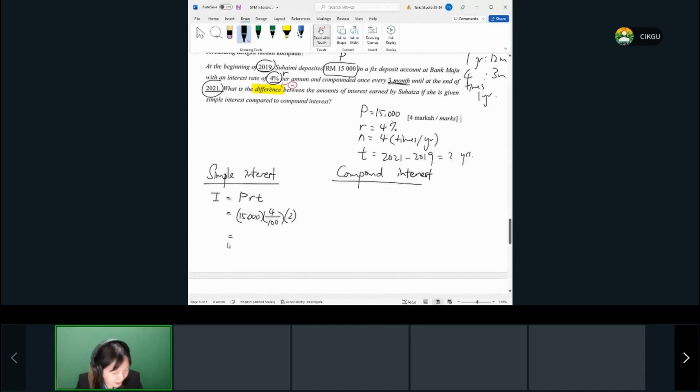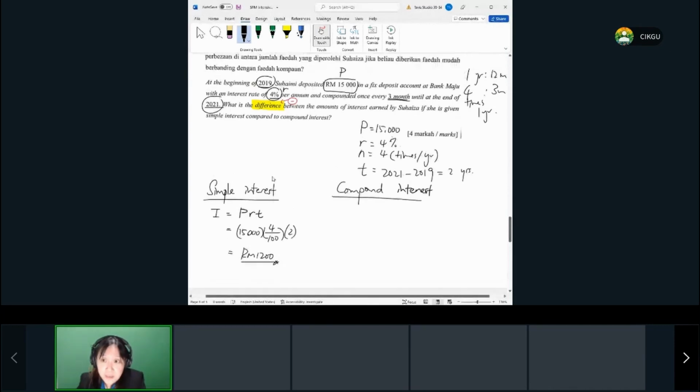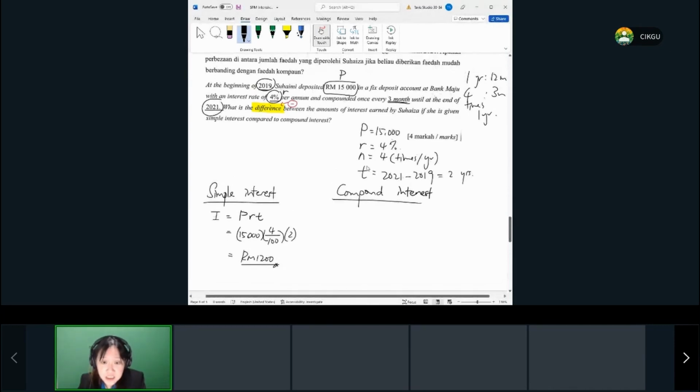Then press in the calculator. I get this. That means if the bank uses simple interest, Suhaida will be able to earn an additional 1,200. Why earn? I'm not going to get into detail on this, but fixed deposit is actually an investment you can make.